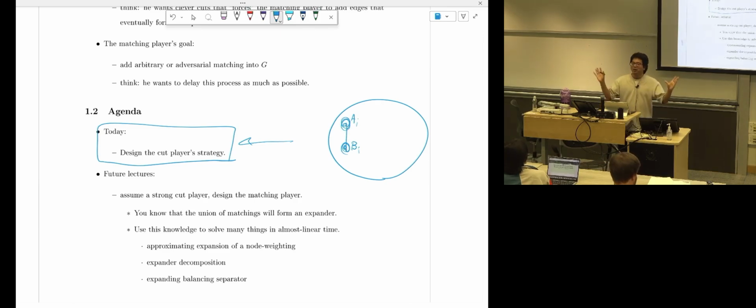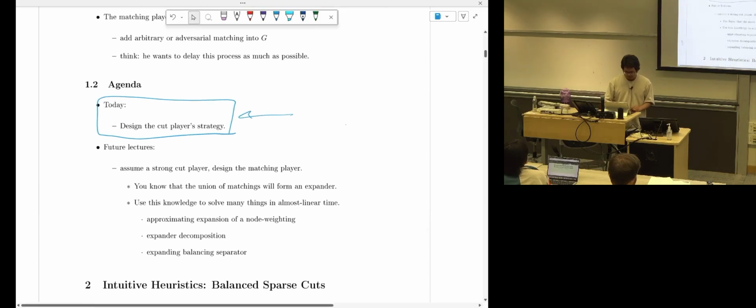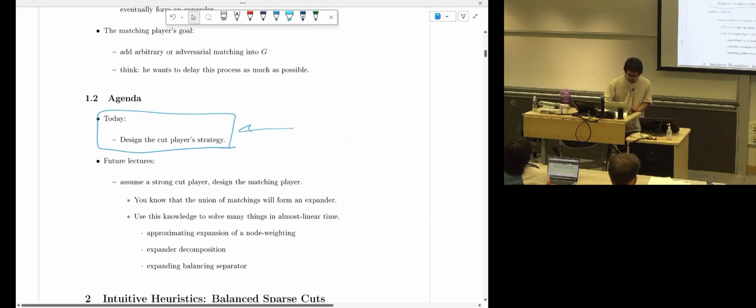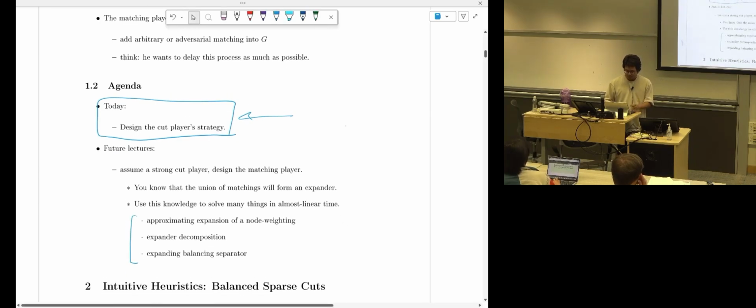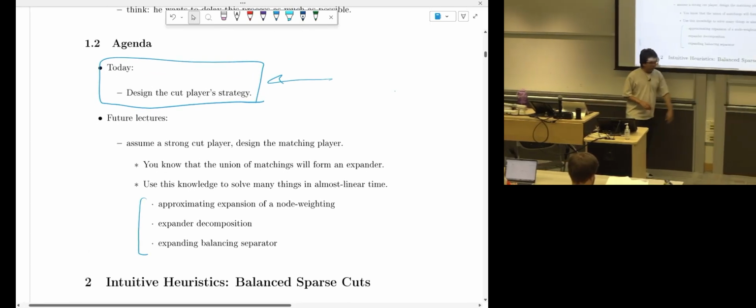So you have full control, but it takes many rounds. But you want to minimize the number of rounds. Later we're gonna use this to build all these things fast. Okay. So now let's think about some heuristics.